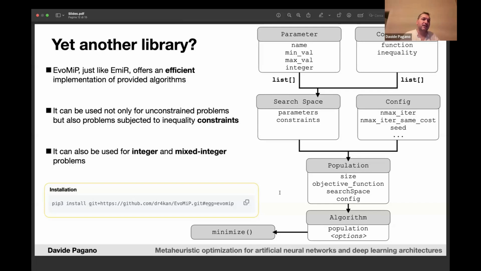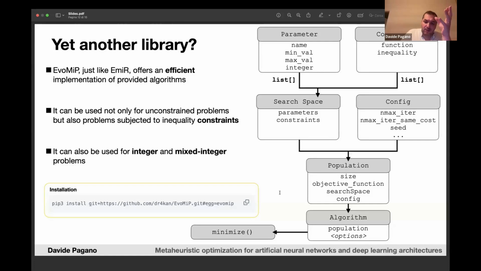In many cases, the user doesn't need to tune any parameters of the algorithm. The default values that we put there for each algorithm come from a set of studies that we performed. We checked several optimization problems from the literature, and then we chose the parameters that behave better in this set of problems.